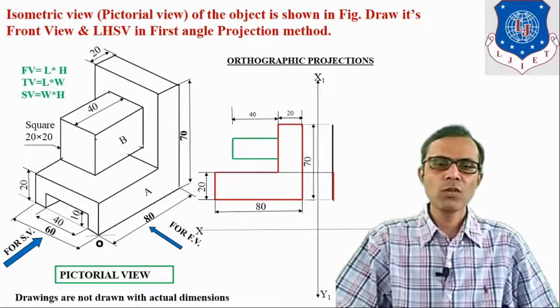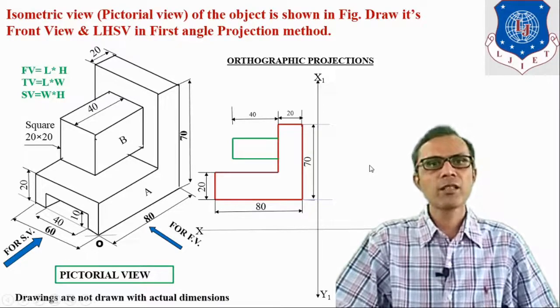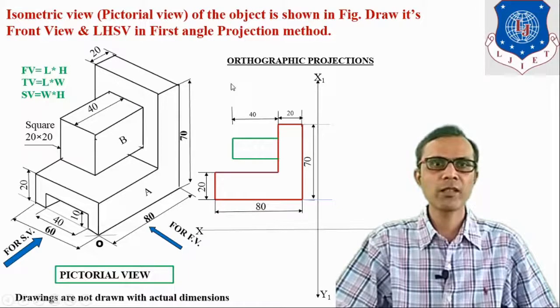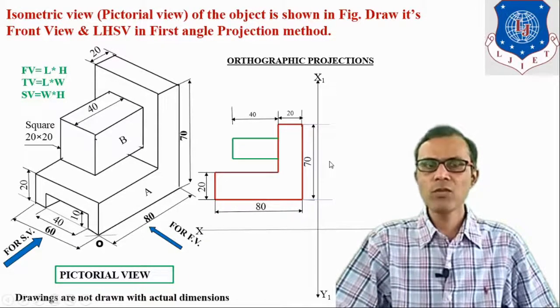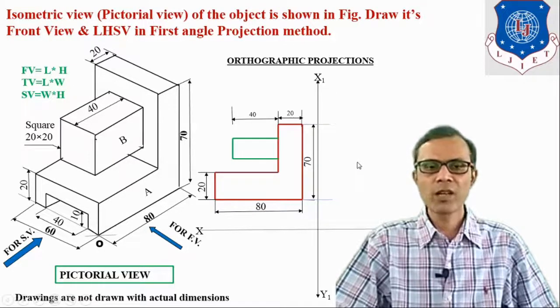Now we have to draw the left hand side view, and the left hand side view will be placed towards the right side of the object, because the method given is the first angle projection method. In the first angle projection method, the left hand side view is placed towards the right side of the front view.